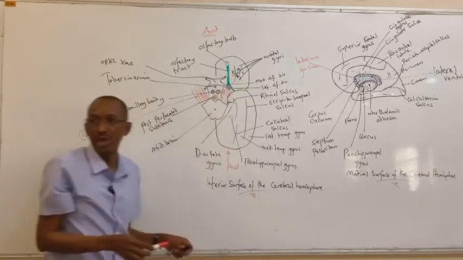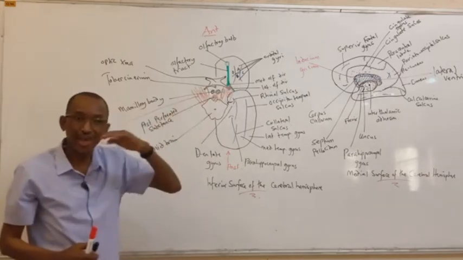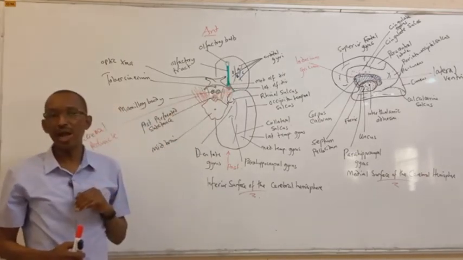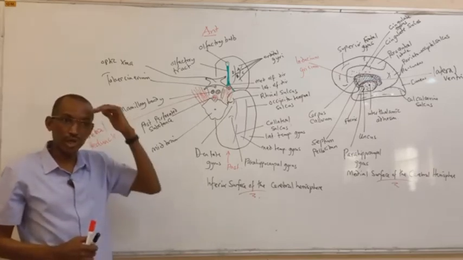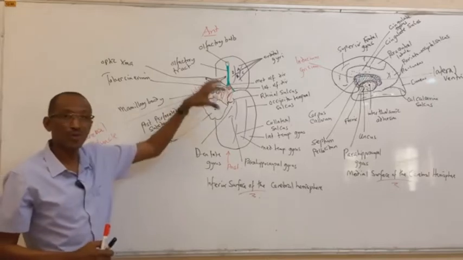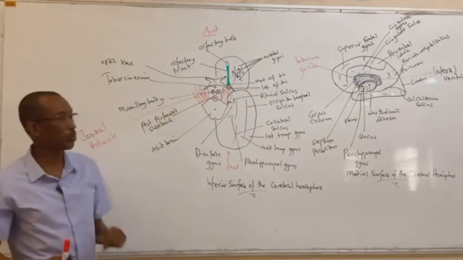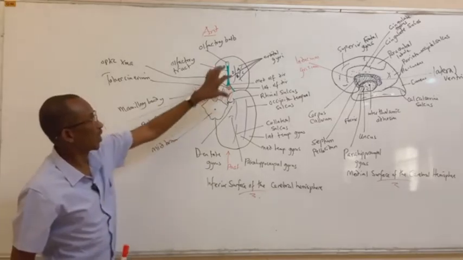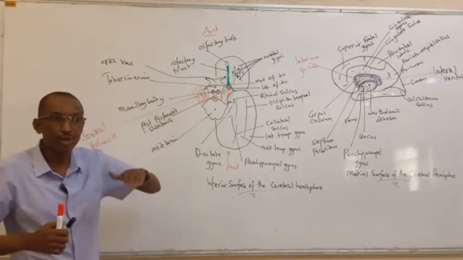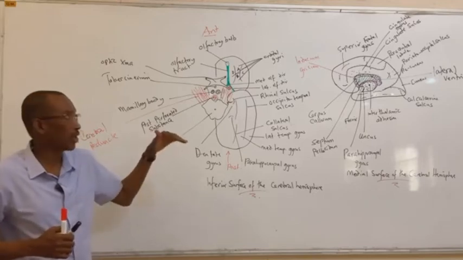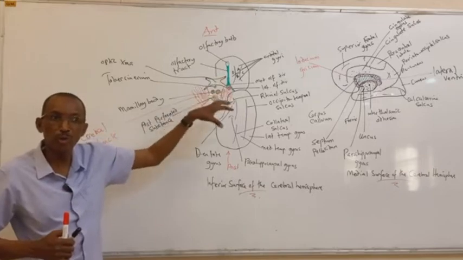This lateral sulcus of Sylvius is the one that demarcates the orbital surface from the tentorial surface. The orbital surface lies over the anterior cranial fossa, and the floor of the anterior cranial fossa forms the roof of the orbit, as I already discussed with you at another time.